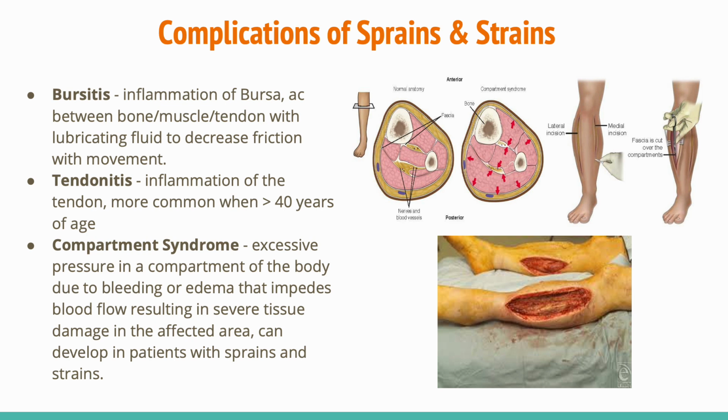Without oxygen, these tissues are going to start dying within hours. This is considered an orthopedic emergency and requires immediate surgical decompression through a fasciotomy. Now, remember the classic warning signs: severe pain that is disproportionate to the injury, pain with passive stretching, numbness, pallor, pulselessness, paralysis, and paresthesias, the 6 Ps.